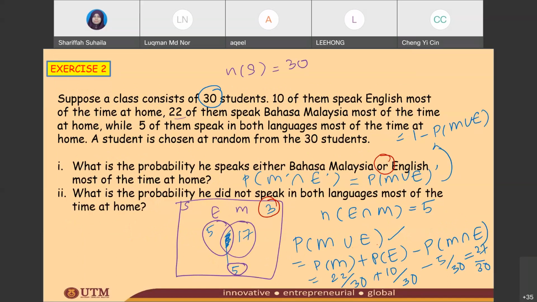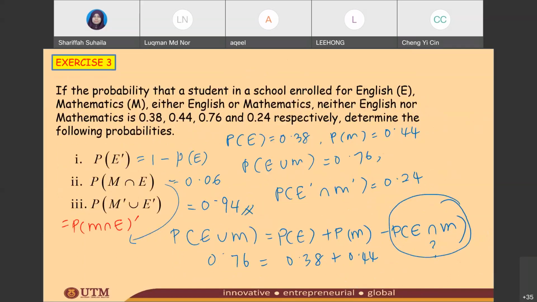It is different from mathematics, where sometimes you directly integrate or differentiate. But in statistics, you need to understand what kind of information is given and then write it in statistical ways, with symbols. For example, this one says the probability that a student in a school enrolls for English, mathematics, either English or mathematics, neither English nor mathematics. You must understand what these words mean.